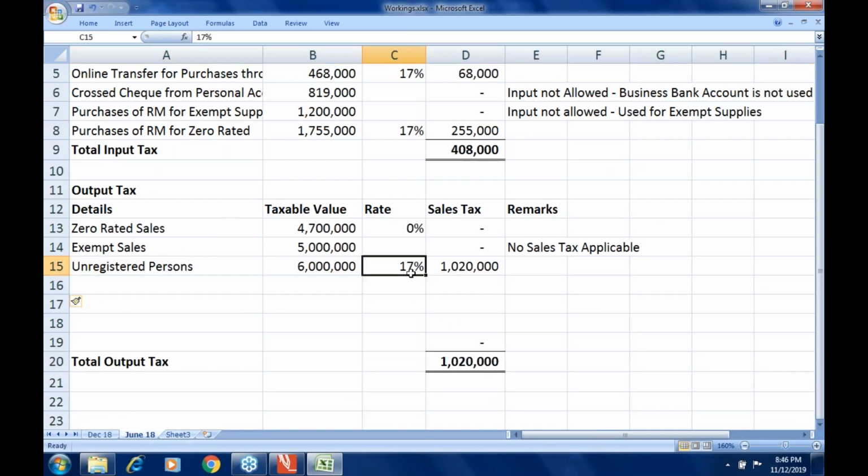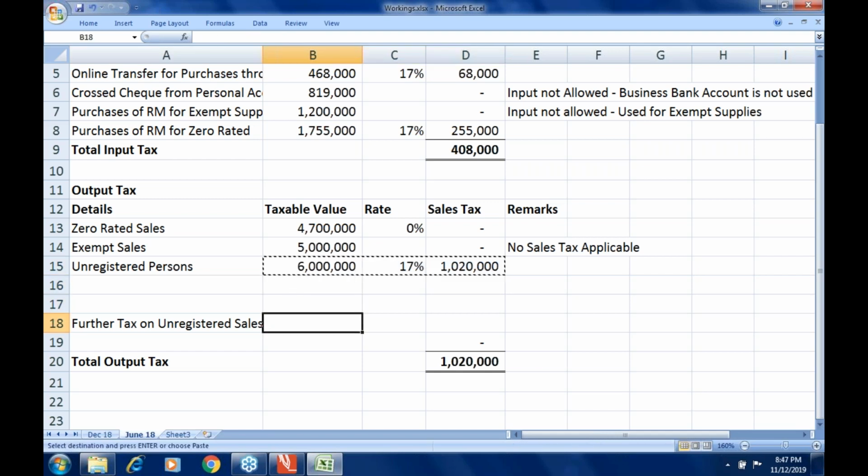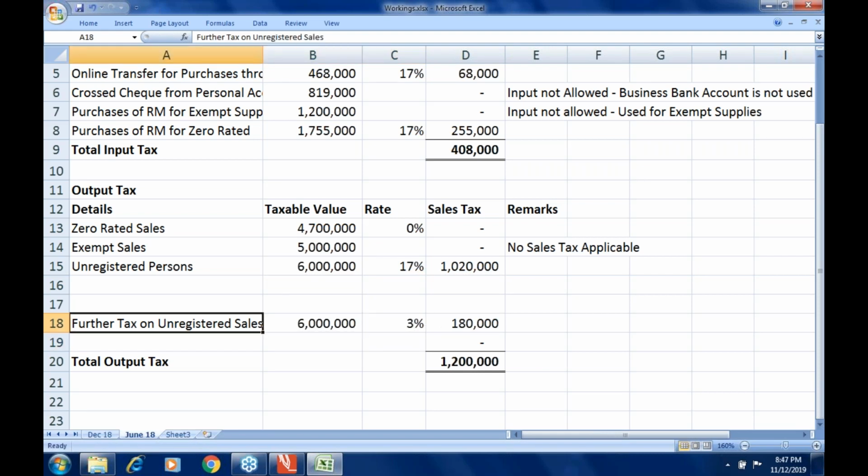Now what next? There's going to be further tax applicable on it. Further tax on unregistered sales: that's going to be the 6 million and it's going to be 3% applicable on it.